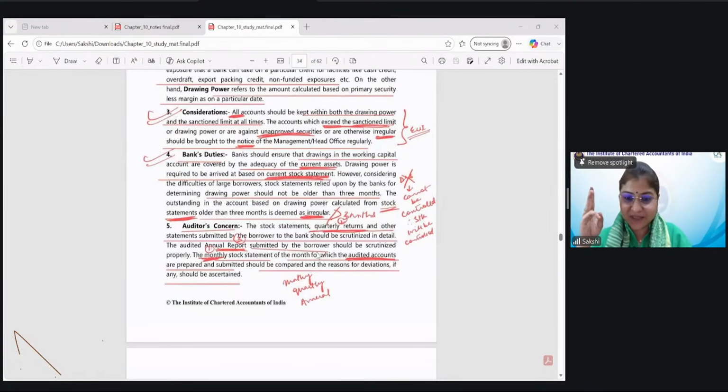So three important things: the monthly stock statement, the quarterly returns, okay, and then your annual audited report, because audit is done annually, statutory audit, isn't it? I told you concurrent audit is done monthly, statutory audit is done annually.